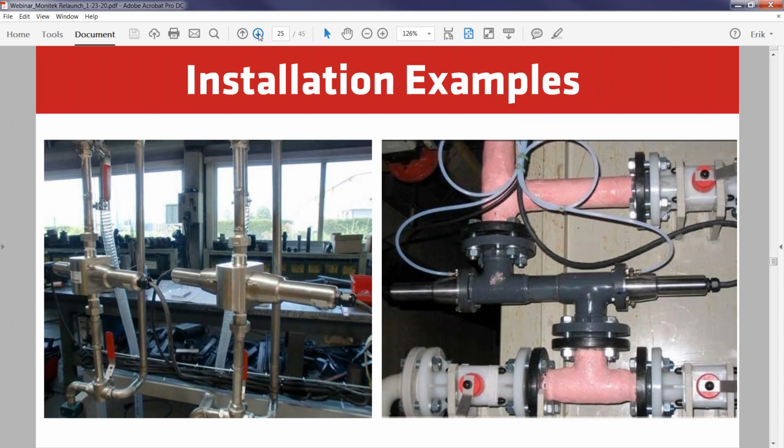So a couple more examples. That looks like a lab mounted one for, I don't know, some custom skid that they were working on, a long path length color sensor. You can see this one where it's actually like a Z shape, how it comes in and out, opposed from each other.